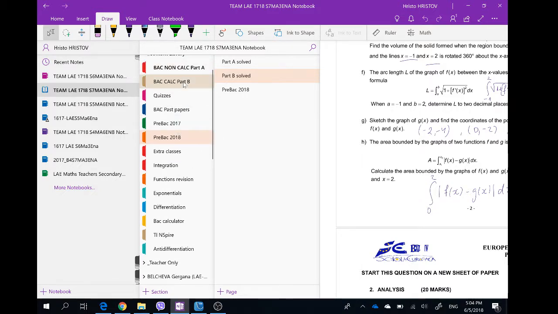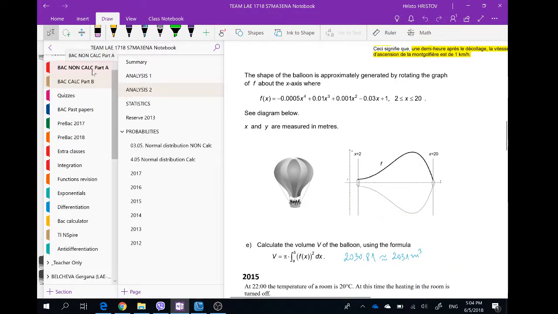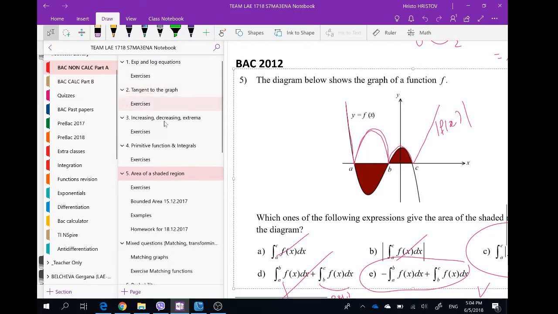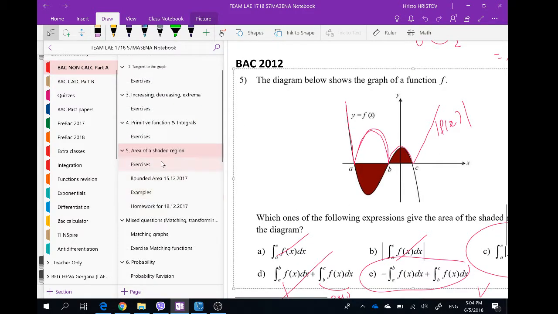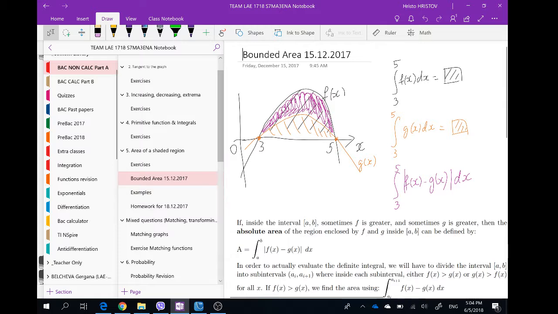Back calculator or non-calculator. Area of the shaded region, bounded area. When you have these two, it's from 3 to 5 and it's in absolute value, f of x minus g of x. It's always the above function minus the below function, but when you put absolute value, both are possible.